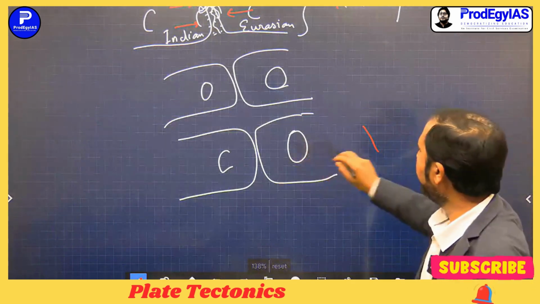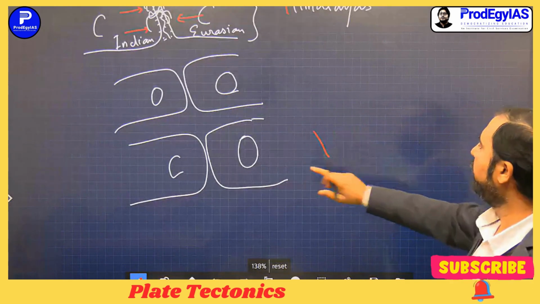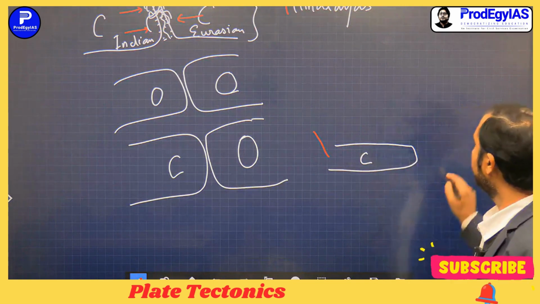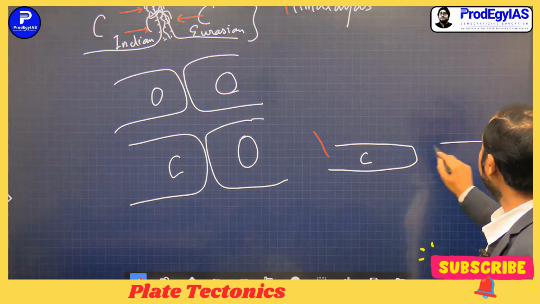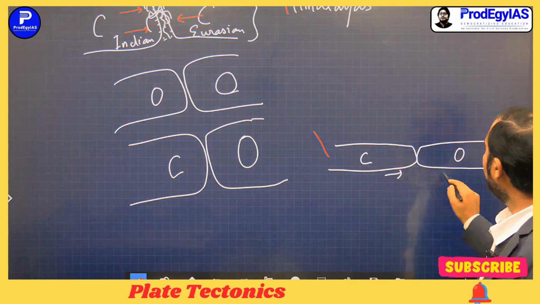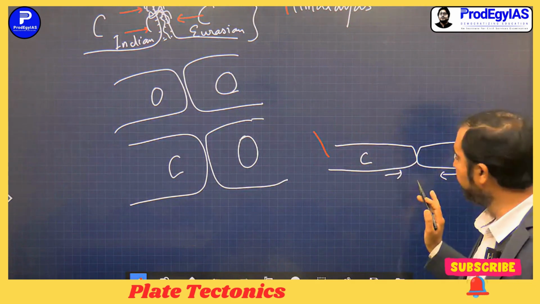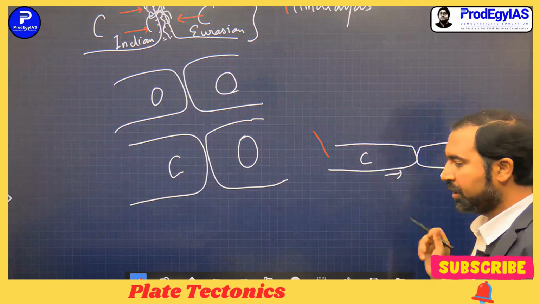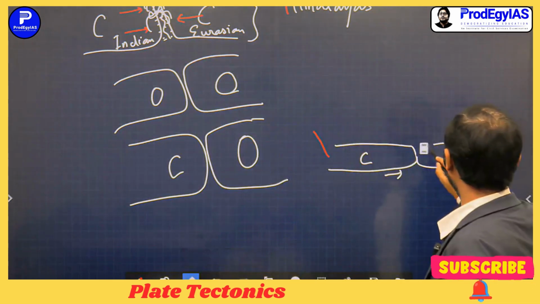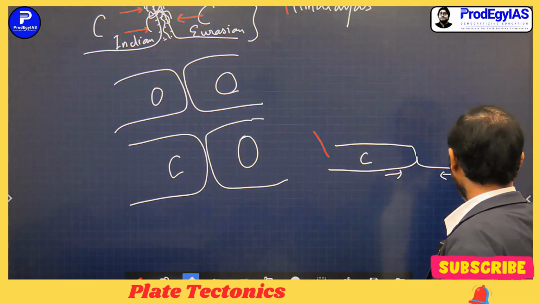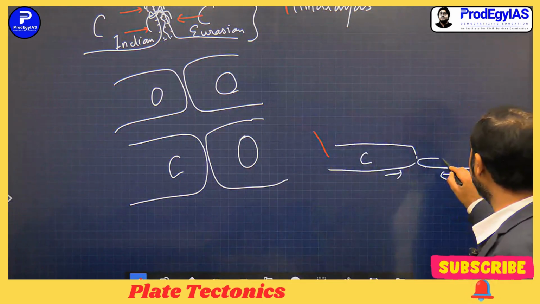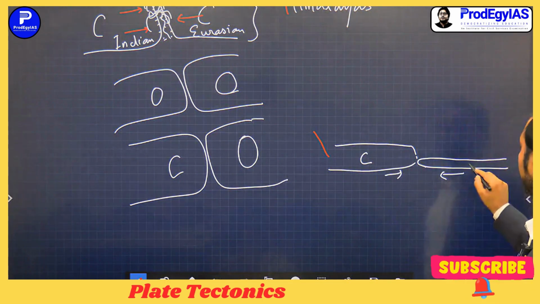Like this is an oceanic floor, and I'll make this a continental floor. Here they are coming towards each other. Convergence is happening. What will happen? This oceanic floor, as I had already said, is not that wide, and it is denser.